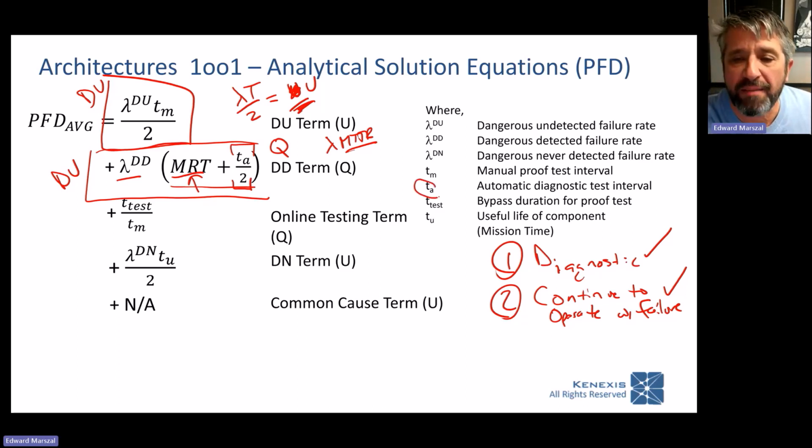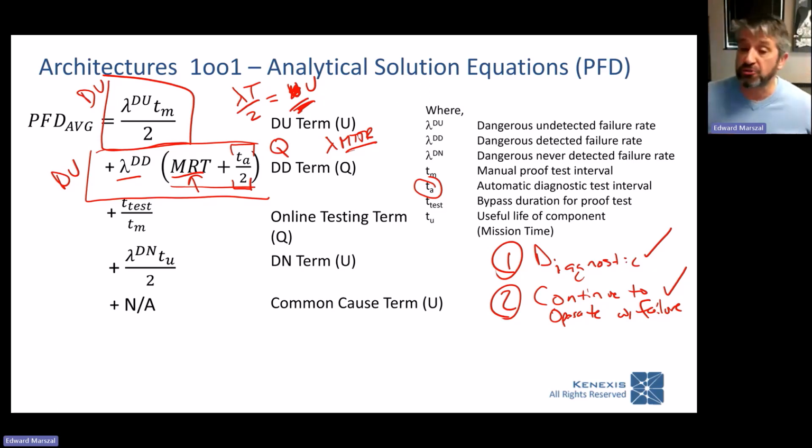That automatic diagnostic test interval, again, for high-speed diagnostics, transmitters, logic solvers, is happening in the millisecond range. When you add 300 milliseconds to 48 hours or 72 hours to repair, you still have 48 hours or 72 hours to repair. So essentially just ignore it, zero it out.